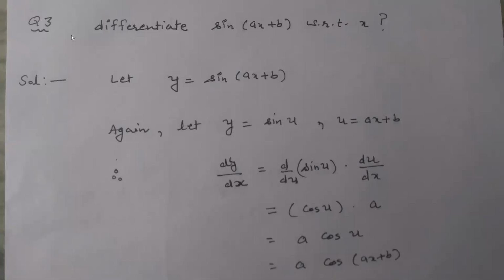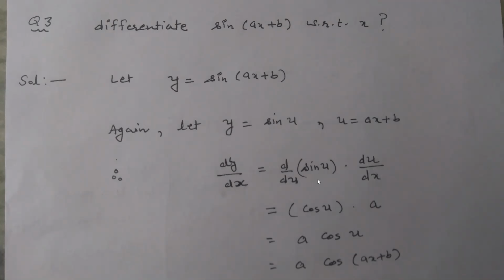Our question number 3, differentiate sin(ax + b) with respect to x. So first of all, we suppose the whole function equal to y. y is equal to sin(ax + b). Now, similar case, we take here y is equal to sin u. Here, the value of u is ax + b. Again, what is dy/dx?